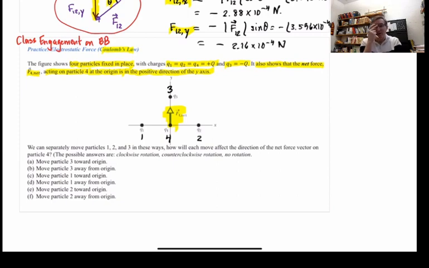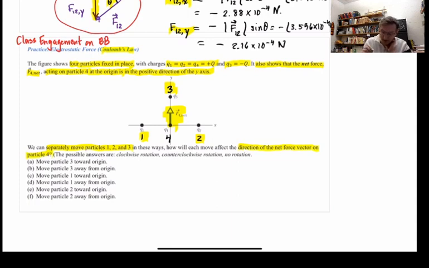Okay, now, here come the questions for the exercise. We are going to be allowed to move, one by one, particles 1, 2, and 3. And we're going to move them in the ways listed below in A through F. And for each way that we're going to move a particle, you need to determine how the direction of the net force vector on 4 will be affected when we make the move.